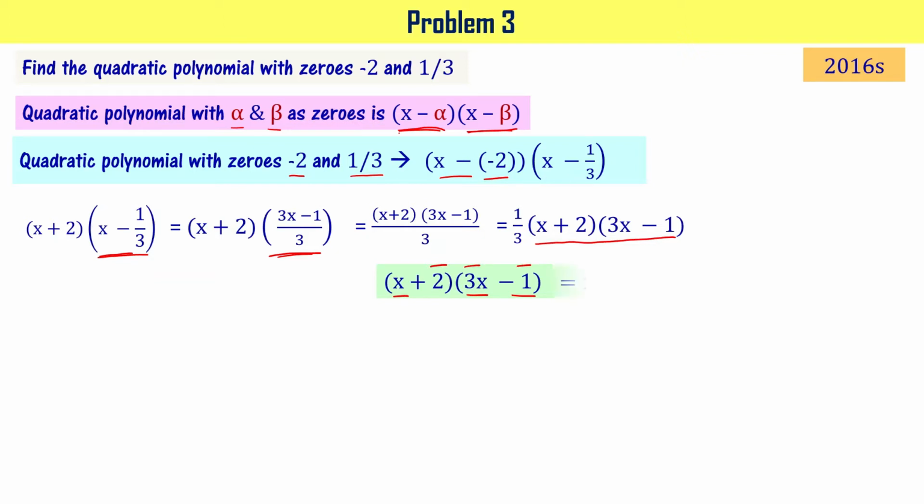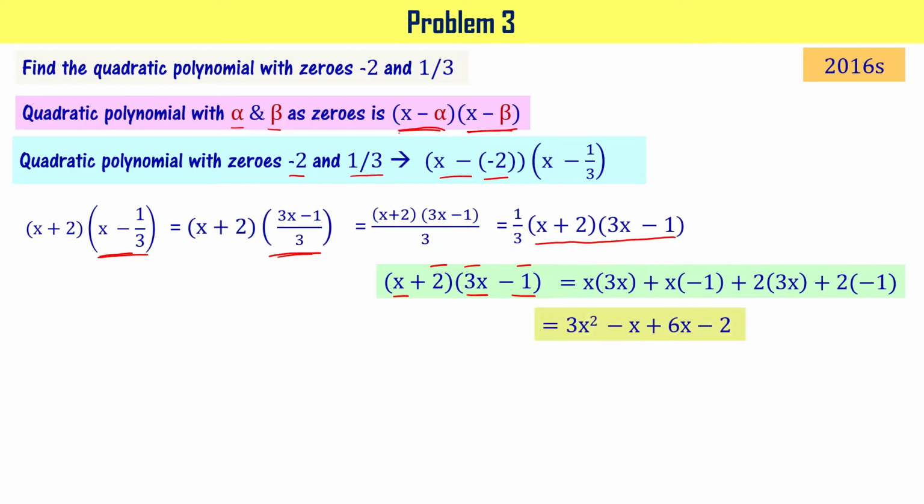Let's do that now. X times 3x plus x times minus 1 plus 2 times 3x plus 2 times minus 1. Let's simplify this such that I can write it as 3x square, and this is minus x, and this is 6x, and this is minus 2.